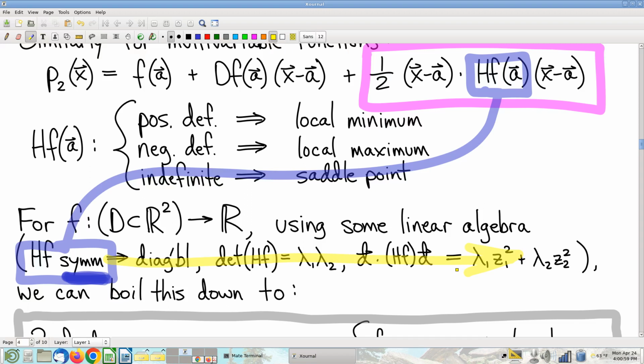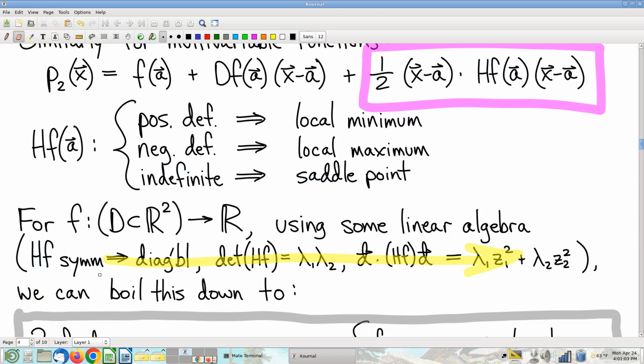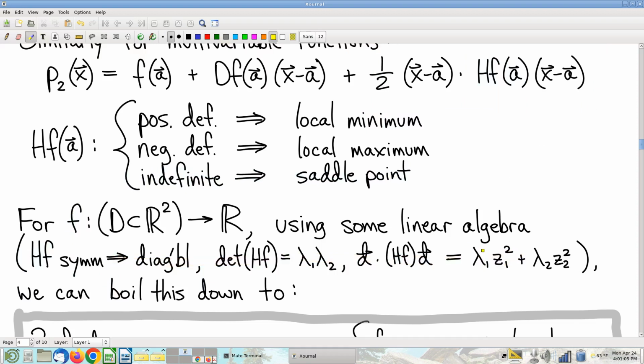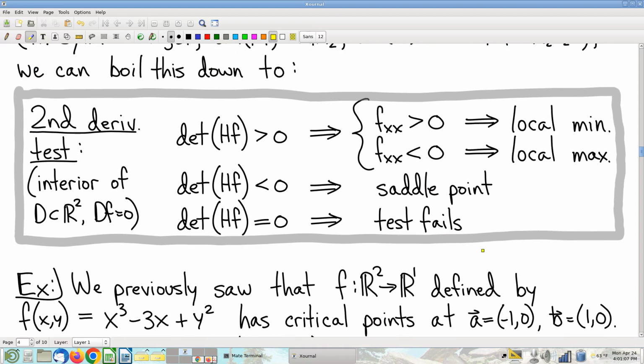But knowing that it is a symmetric matrix, we can rewrite the rules for positive definite and negative definite. And here's the punchline. This is all you actually really need to know about the second derivative test, this little flow chart. Make sure to memorize this little flow chart. You do need to know this little flow chart. So here's how it breaks down. It's kind of weird. But here's the deal.